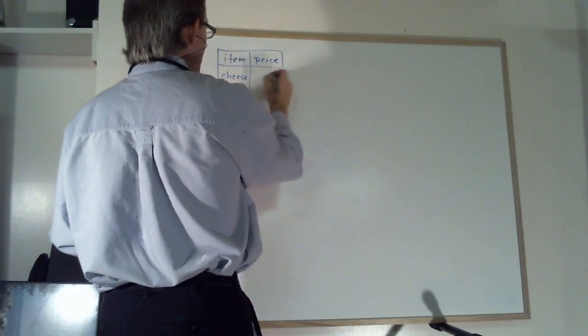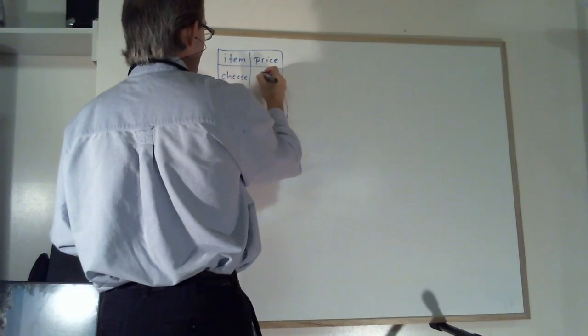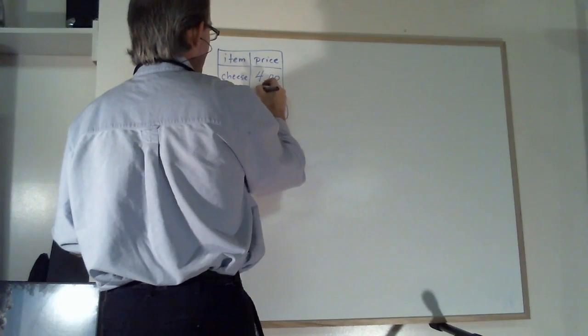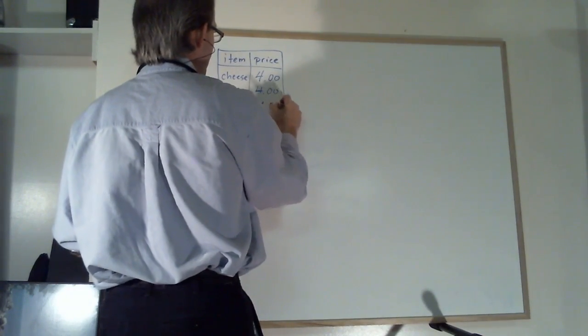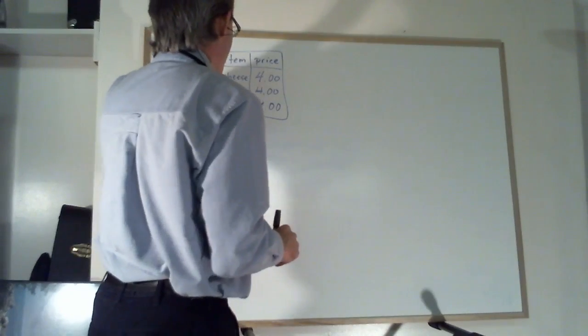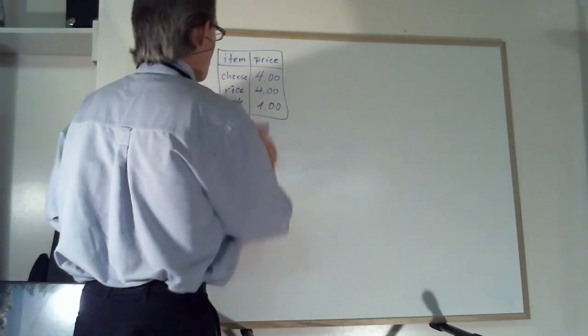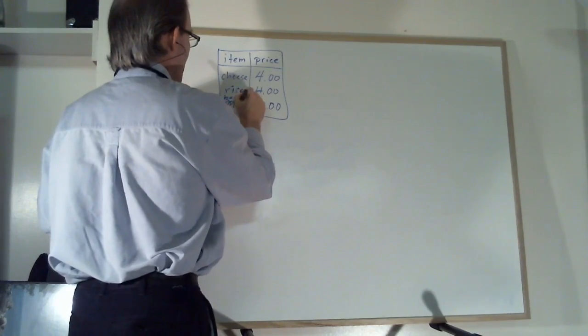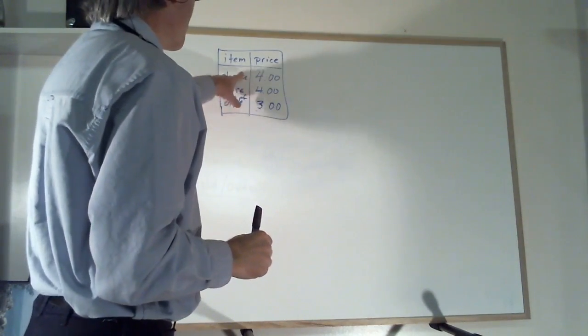So some of these could have similar prices. Let's say $4. This might also be $4. Apple might be $1. I don't know. It's kind of expensive. Actually, you buy them in bulk and less expensive that way. Or a bag of apples, maybe $3. Okay, so is this a function?